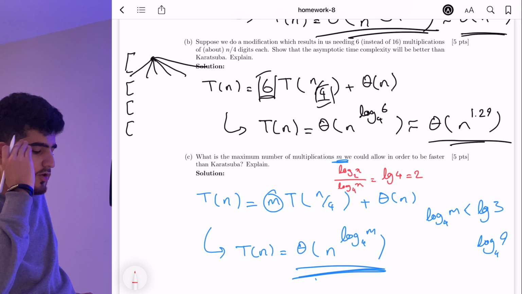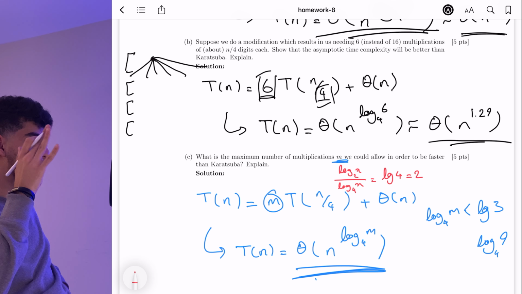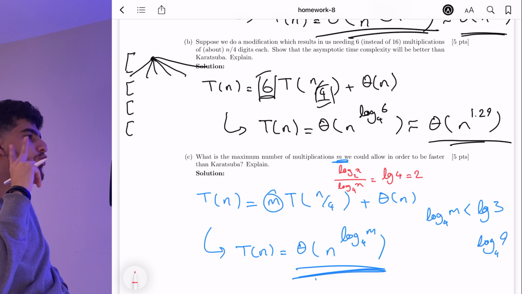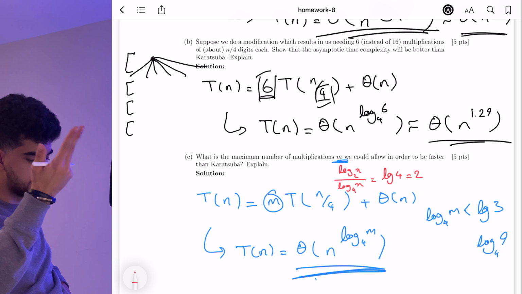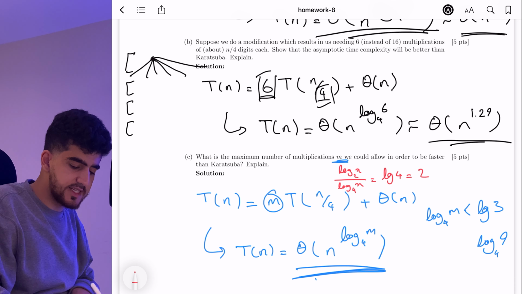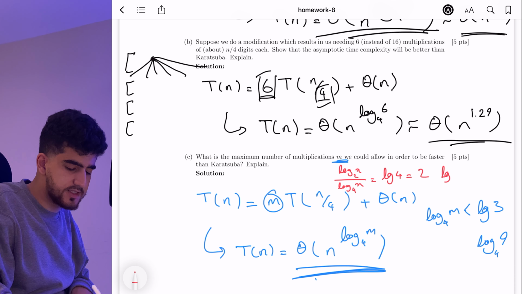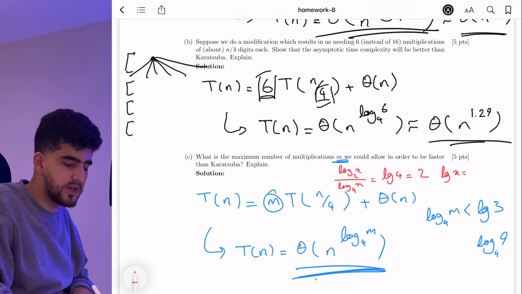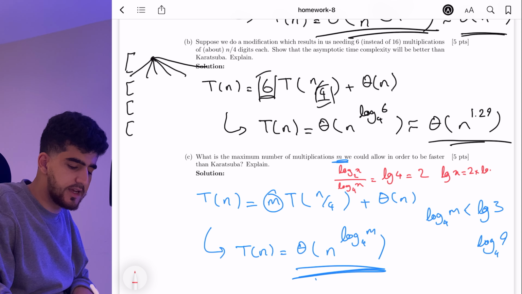So we know that log of anything in base 2 is twice its log in base 4. So we can say that log of any x in base 2 is going to be equal to 2 times log of x in base 4.